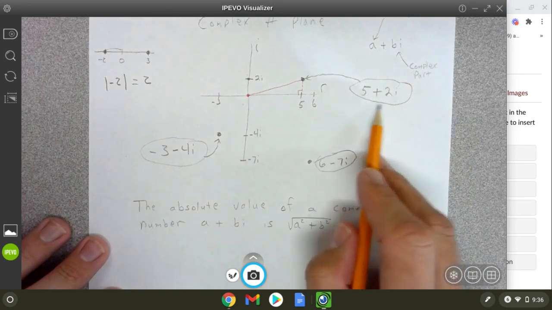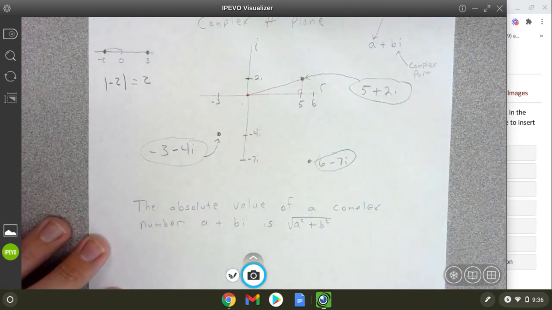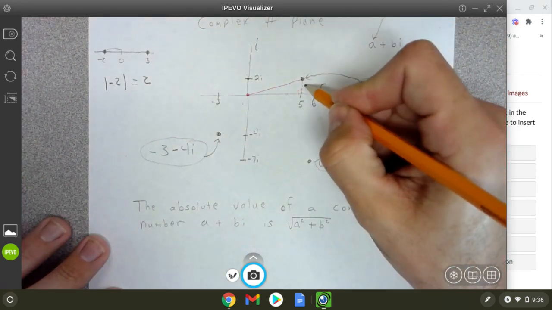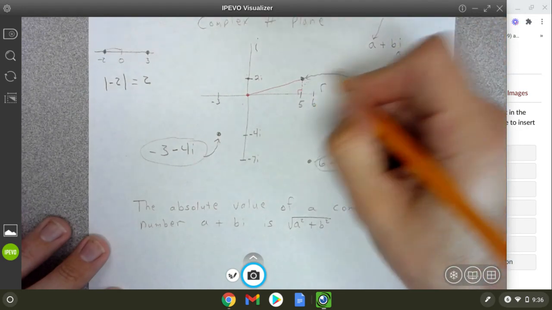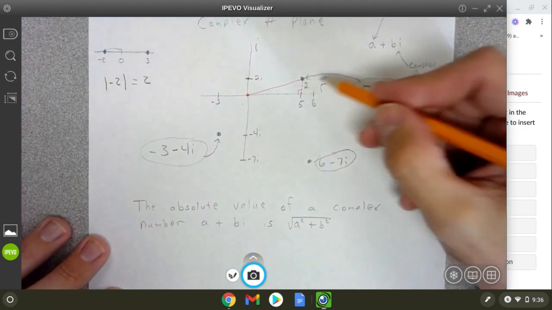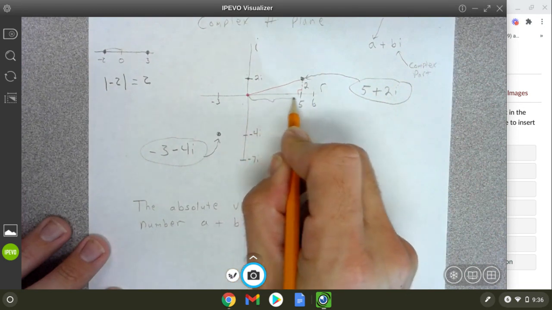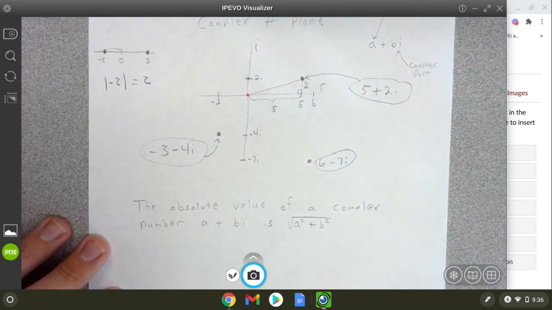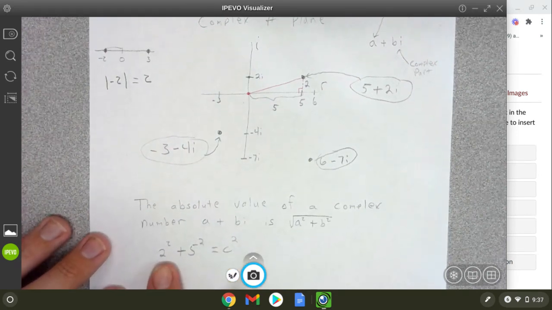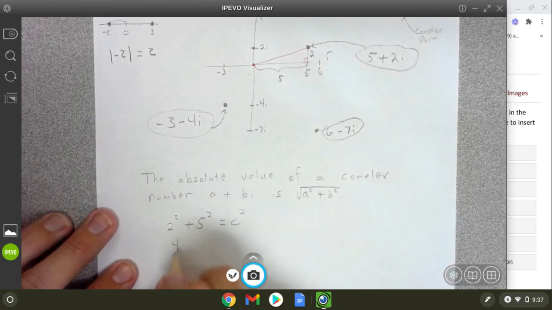So for this number, 5 plus 2i, I'm not going to label it, I'm just going to call it 2, because it's 2 units up. And this distance here is 5. And so you just apply the Pythagorean theorem to it. It's 2 squared plus 5 squared is equal to c squared. 2 squared is equal to 4. 5 squared is equal to 25.